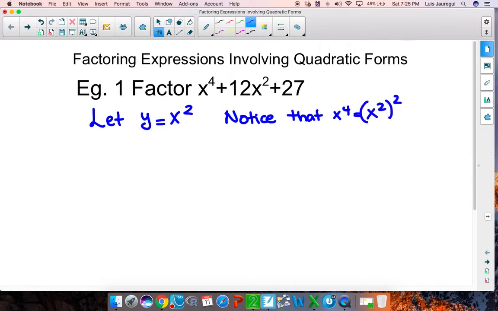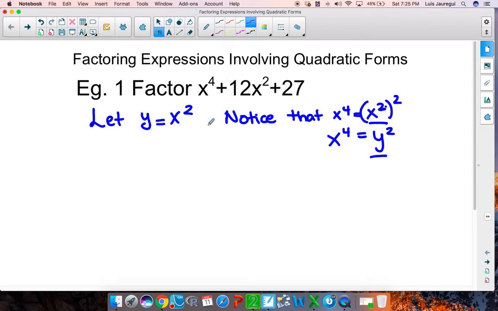If you remember the properties of exponents, we can multiply this. Therefore, using the fact that y equals x squared, x to the fourth is the same as y squared, because y is the same as x squared based on that assumption.